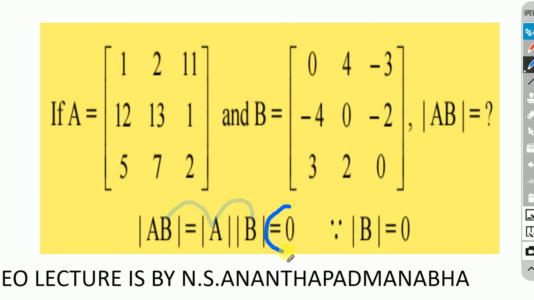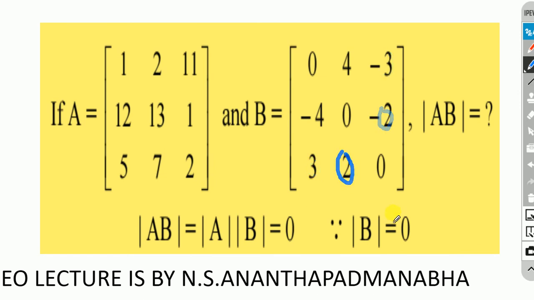Here we are writing it as 0, and also we are mentioning that determinant of B is 0 because, you can observe this matrix B, which is a skew symmetric matrix. This is a skew symmetric matrix of odd order. See, I have 4 here, minus 4 here, minus 3 here, plus 3 here, minus 2 here, 2 here.